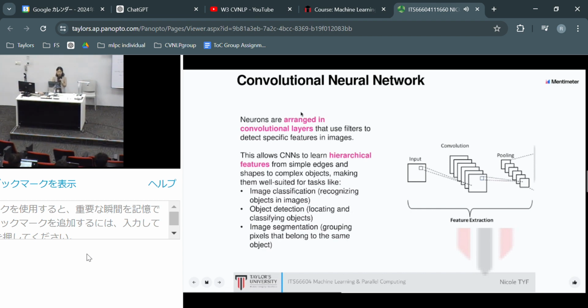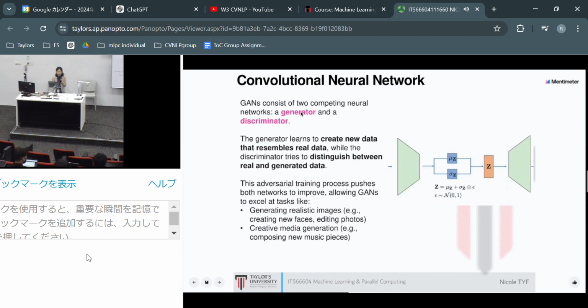And the third one that we want to cover here is GAN. Sorry about the error, this is generative adversarial network. This GAN consists of two competing neural networks. It has one generator and one discriminator. With the combination of the discriminator and the generator, this is the perfect type of neural network that allows what we see today, that is our chatbots.